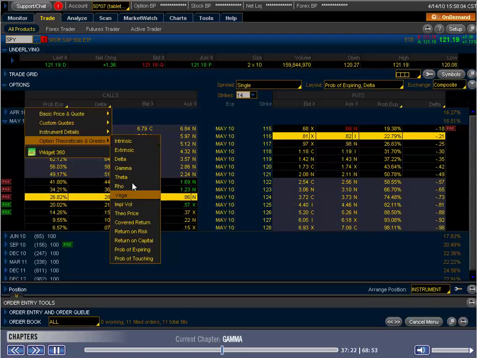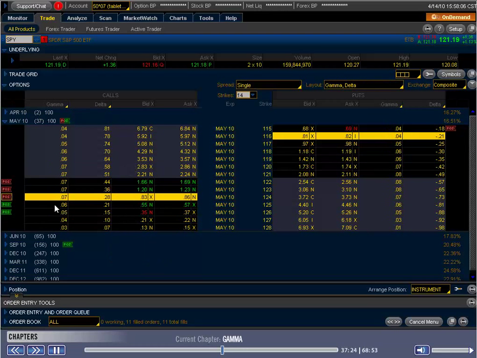We'll switch probability of expiring back over to Gamma. What is Gamma? Gamma is the rate of change of Delta. So in a real singular sense, how this works is very simple. When this underlying starts to move, for the first dollar this stock moves, this option is going to be affected by 28 cents. For the next dollar it moves, it's going to be affected by 28 cents plus or minus whatever the Gamma is.